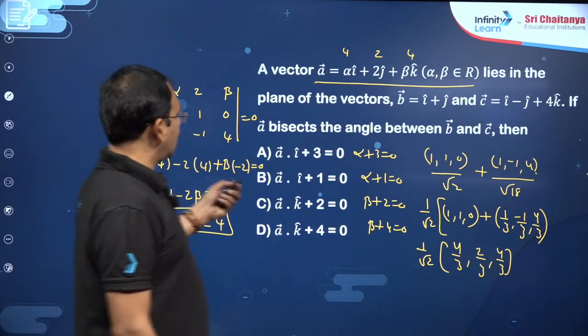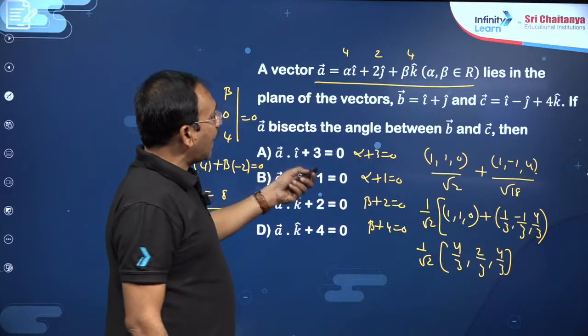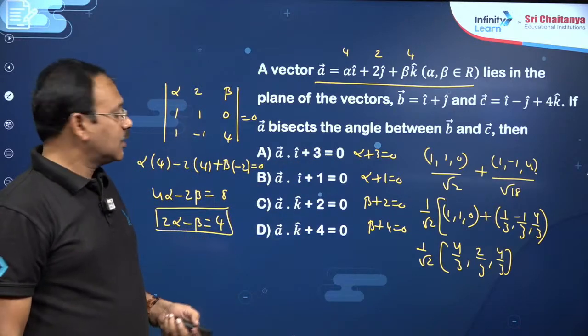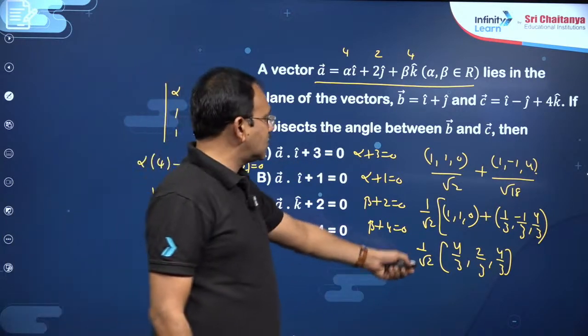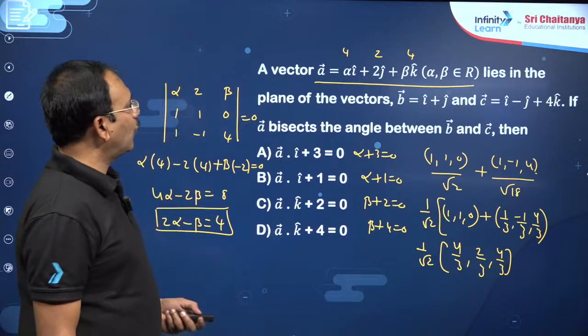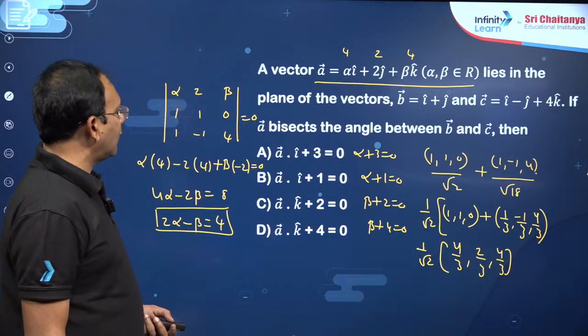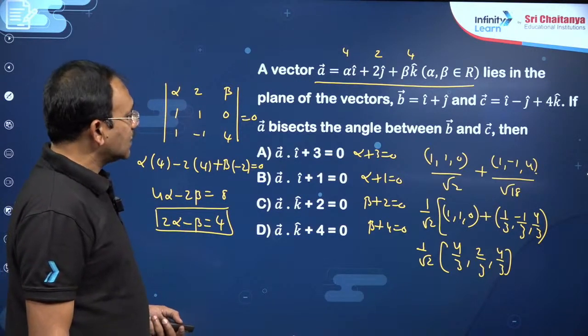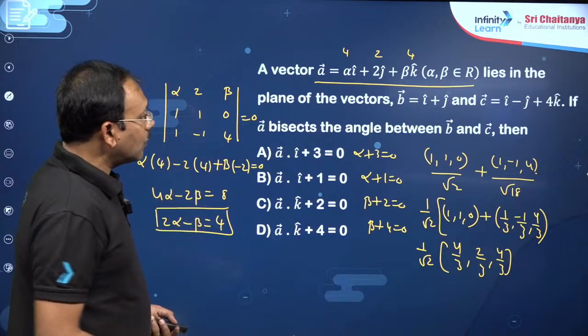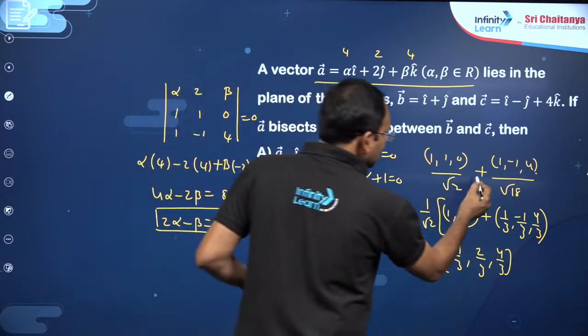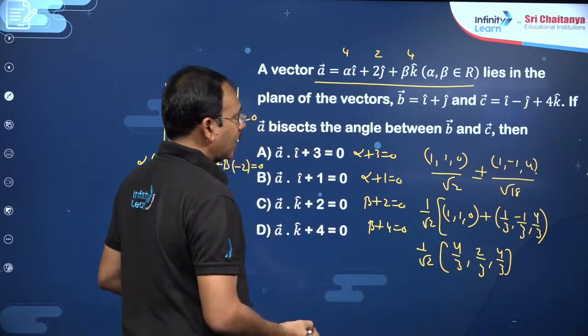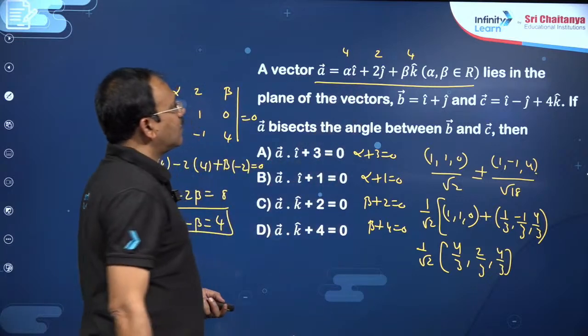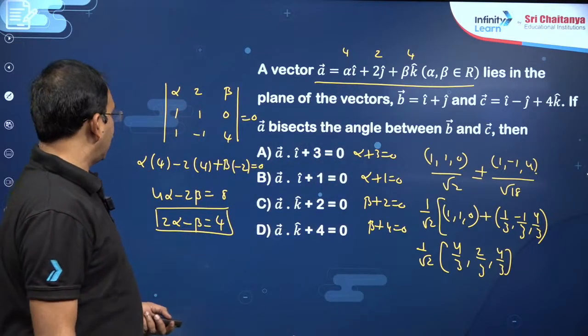He himself said A bar is the bisector of the angle between B and C, so it must be along this. So you can take alpha and beta values proportionate to 4, 2, 4, my dear friends. Here you can also take the external angular bisector if you take minus, because alpha and beta accordingly should give 4 to 4.